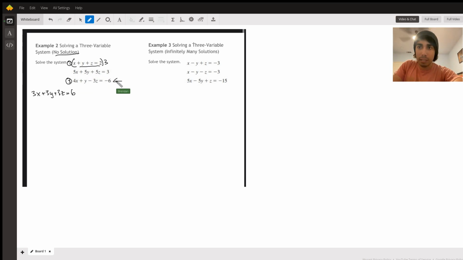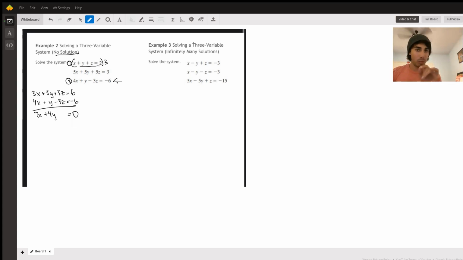And then I'm going to copy equation 3: 4x plus y minus 3z equals negative 6. Look what happens, my z's are going to go away. That's what we want. So I got 3x and 4x, that's 7x. 3y and y, that's 4y. 3z minus 3z is 0, exactly what we wanted, and 6 minus 6 is 0. Cool, so we've got one equation.